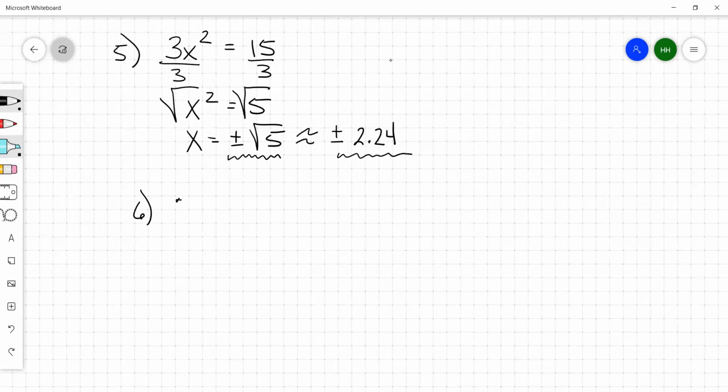Number 6, we got 75x squared equals 108. Divide both sides by 75. So x squared would equal 108 over 75.